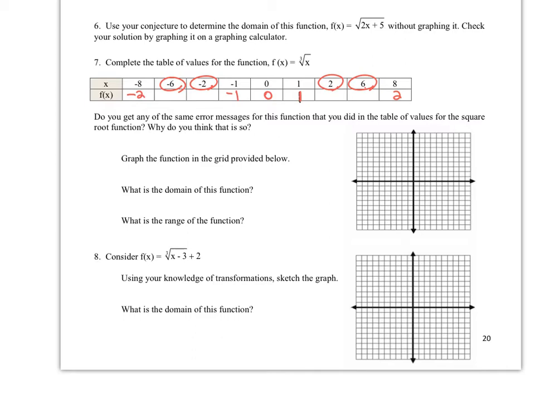So the values at anything between 1 and 8, the cube root of 2, 3, 4, 5, 6 will be 1 point something. The cube root between negative 1 and negative 8, so like negative 2, negative 3, negative 4, negative 5, negative 6, negative 7 will also be 1 point something. So if you did take the time and plug these into your calculator, at negative 6, the cube root is negative 1.817.